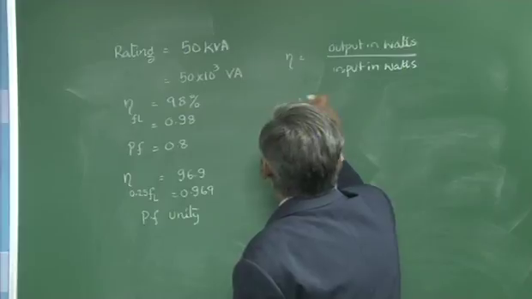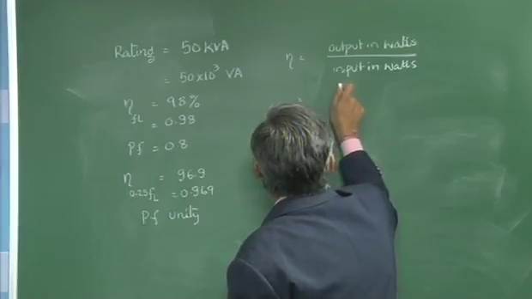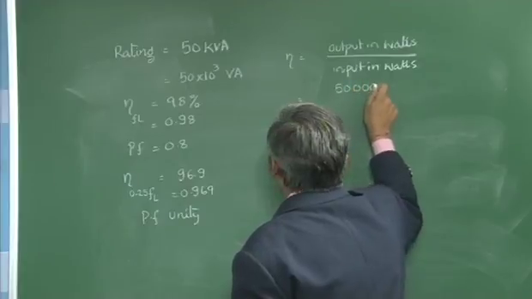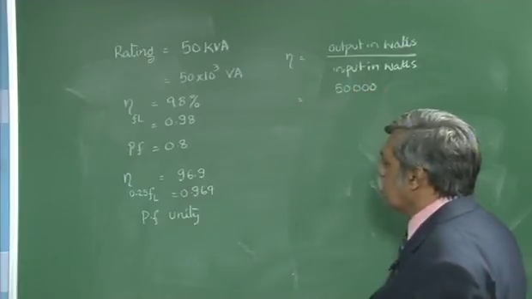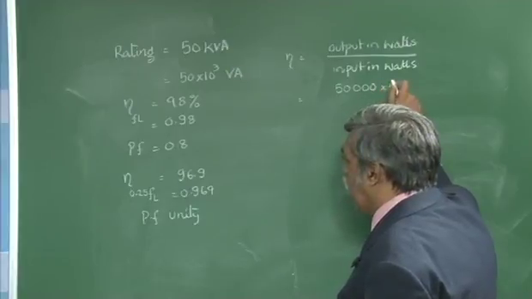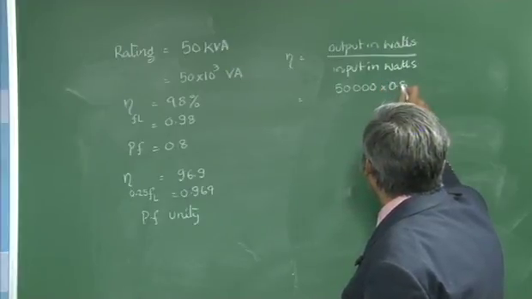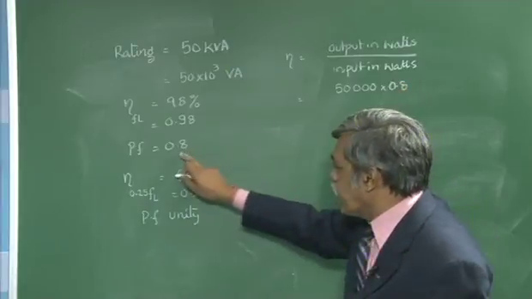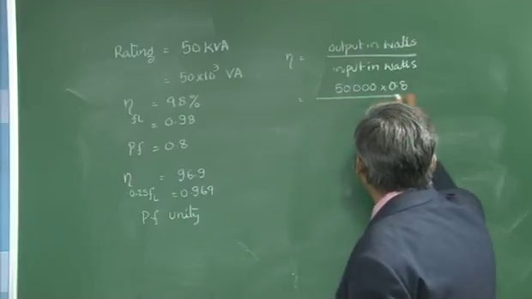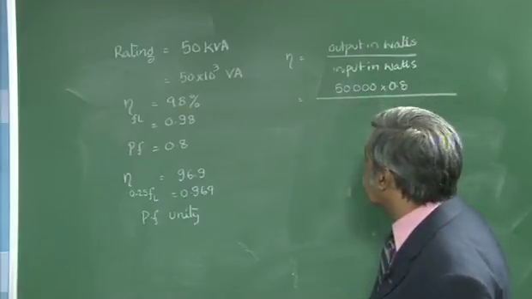The output we have here is 50,000 volt amperes. Now I am converting this to watts by taking the power factor 0.8. First let me give the equation, then I will explain each term.